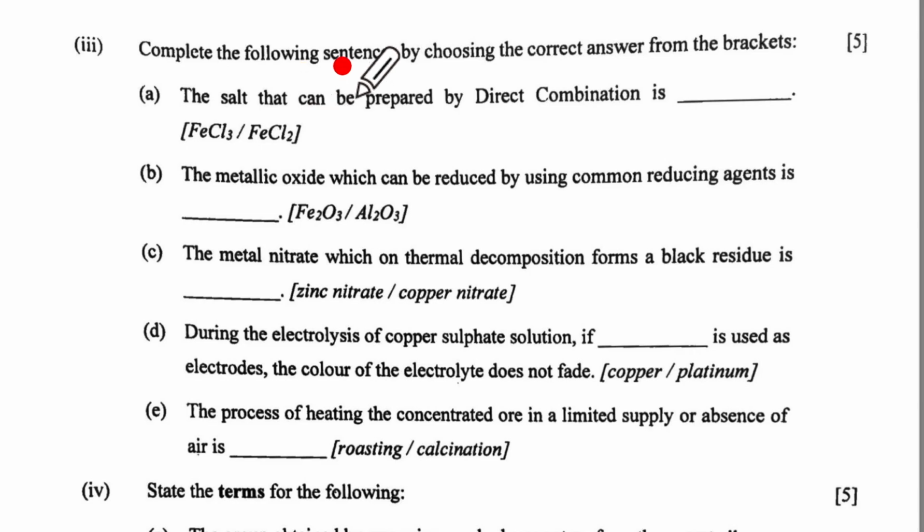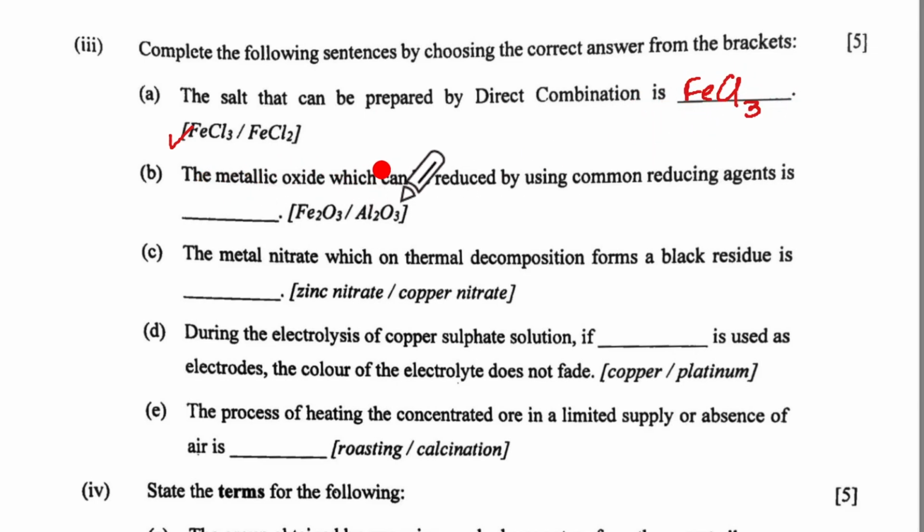The third subpart. Complete the following sentences by choosing the correct answer from the brackets. A salt that can be prepared by direct combination is going to be FeCl3, AlCl3 or the sulfides. Where is it? Here it is FeCl3.